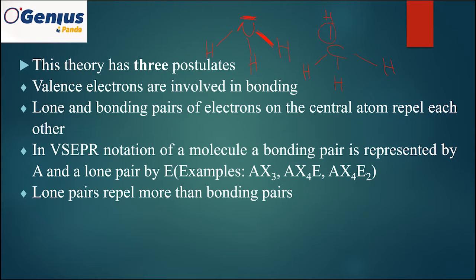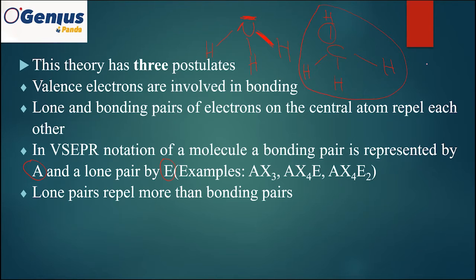In the valence shell electron pair repulsion notation of a molecule, a bonding pair is represented by letter X, and a lone pair is represented by letter E. For example, in the methane molecule, we have 4 bonding pairs.